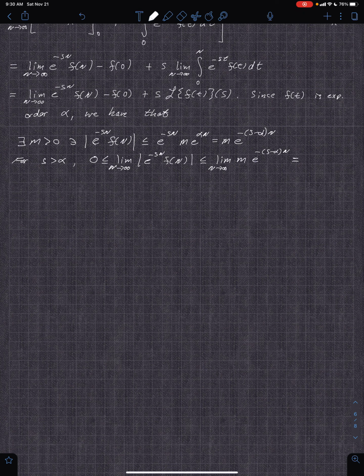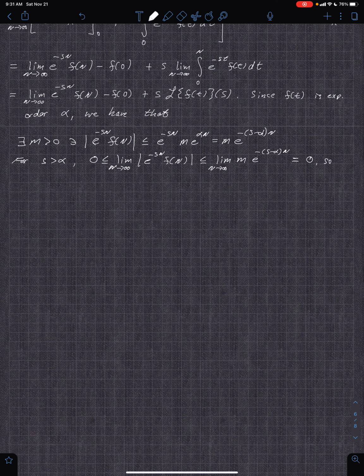All right, so what is that going to equal, basically? This is absolute values, so it has to be positive. But when you do the limit, what happens to this if s is greater than alpha? Yeah, that has to equal 0. So that limit's 0, and you basically have it.